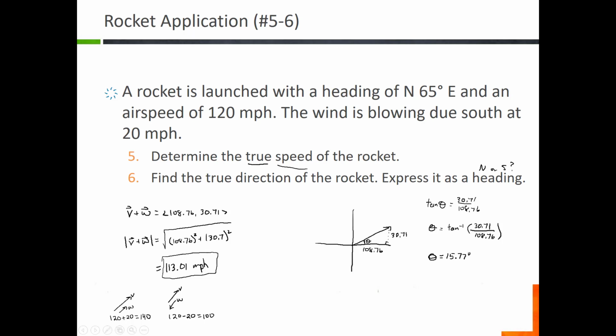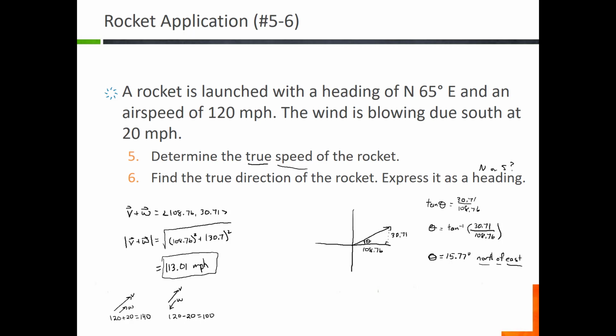However, that's not our answer. This is 15.77 degrees north of east. Depending on which heading you're trying to find, that could be an acceptable answer, but you would have to say it is north of east. If you don't include this statement, that 15.77 degrees is meaningless.